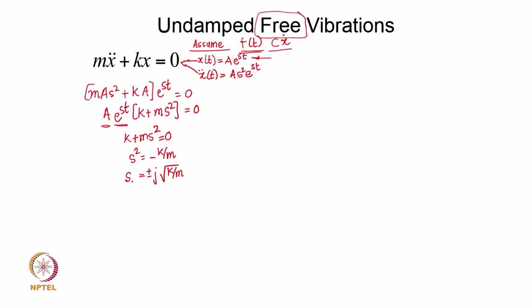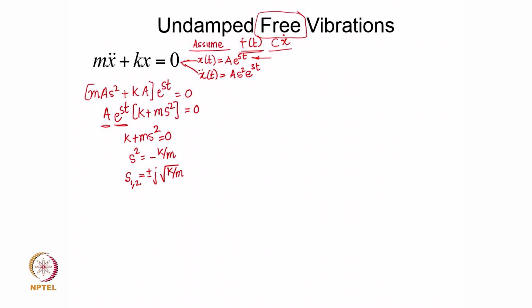Because there are two possible values, there are two possible roots of this equation, s 1 and s 2, corresponding to either of the two signs. So, s 1 is maybe minus j square root of k over m, and s 2 is equal to plus j square root of k over m.